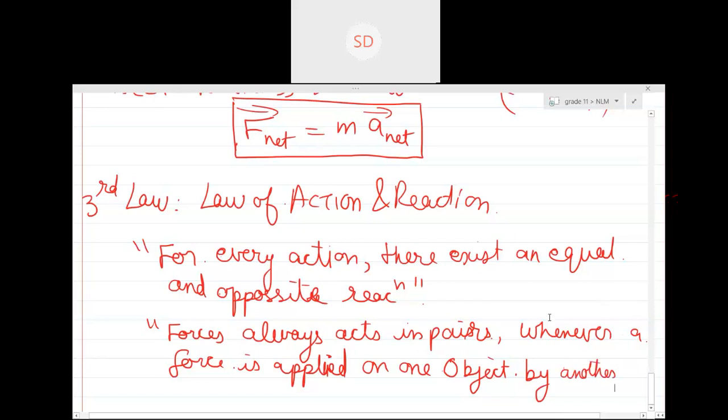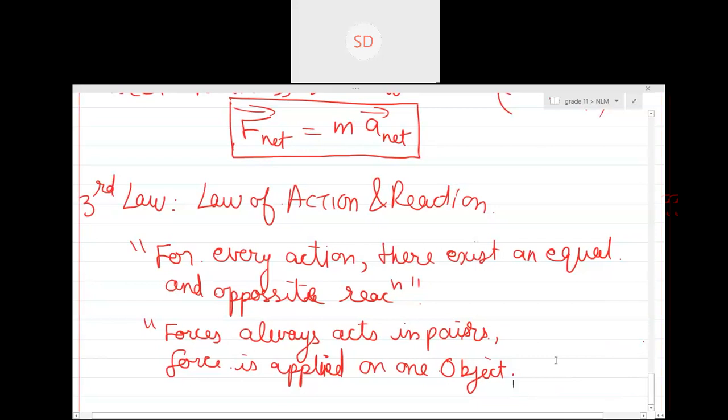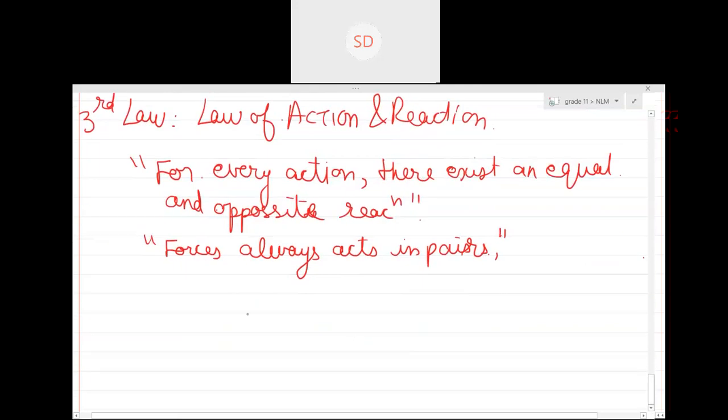Instead of writing this particular thing, I'll just draw it. Force always acts in pairs. For example, suppose there is this object A and there is this object B. Let's say these two objects come in contact with each other, due to which they will apply force on each other, right?